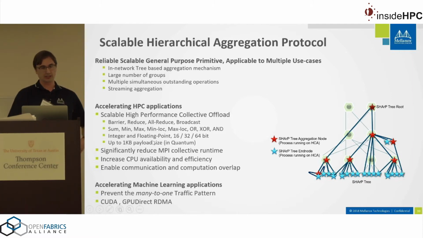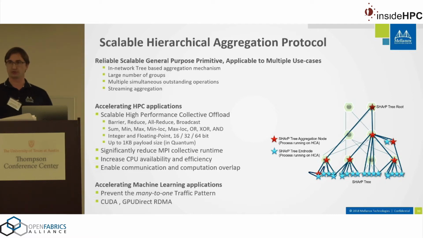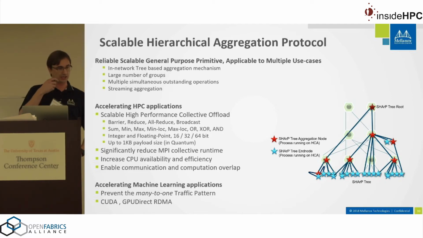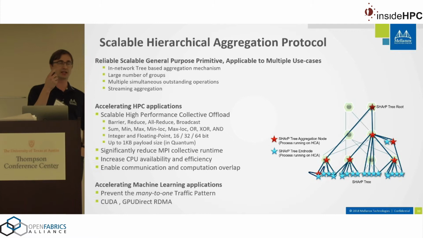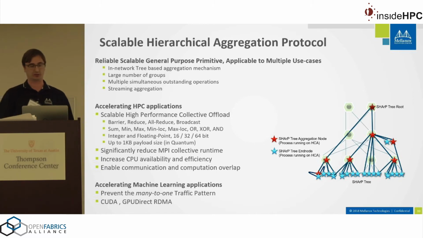It's an in-network tree-based aggregation mechanism that supports a large number of groups, and we talked about the number of groups in the previous talk. A group in this context is simply an MPI communicator. So when you create an MPI group, you have to allocate SHARP resources, and if there are no SHARP resources, you have to fall back to the on-host based solution.